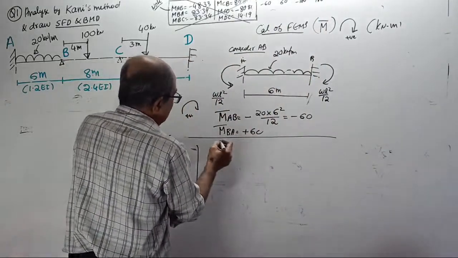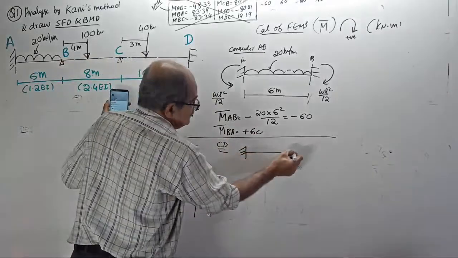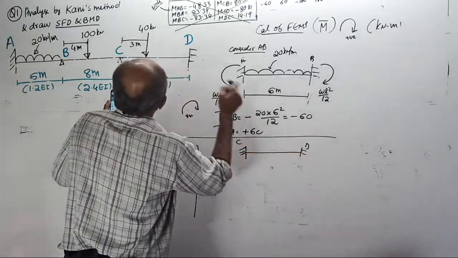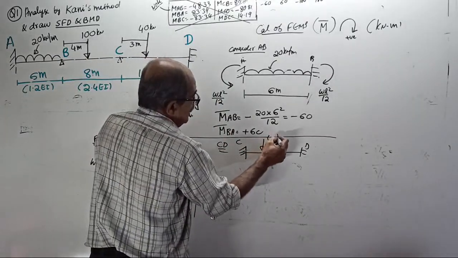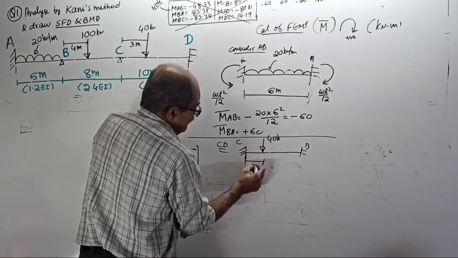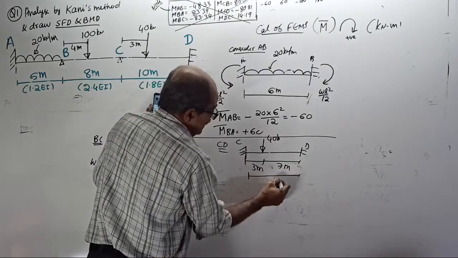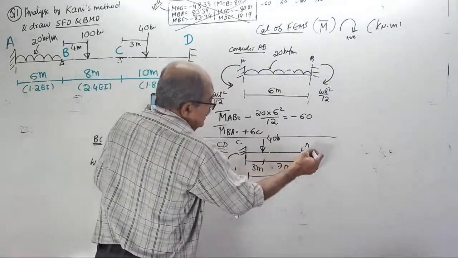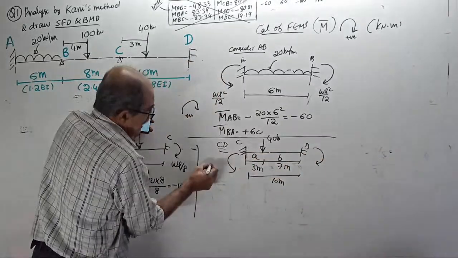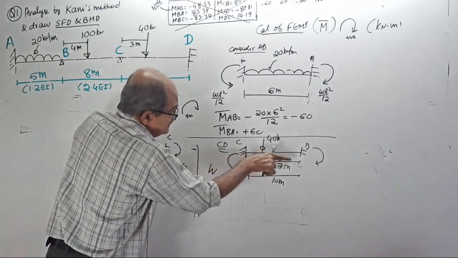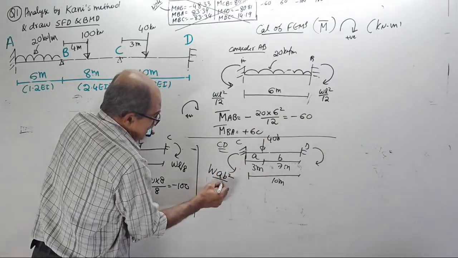Lastly, CD member. Both C and D are taken as fixed. This time there is an eccentric load of 40 kilonewton. From here to here is 3 meter, this is 7 meter, span is 10 meter. Anti-clockwise here, clockwise here. If I call this A and this B, the formula is load into this distance A into the other distance squared, B square by L square.